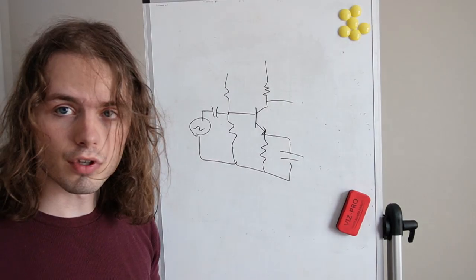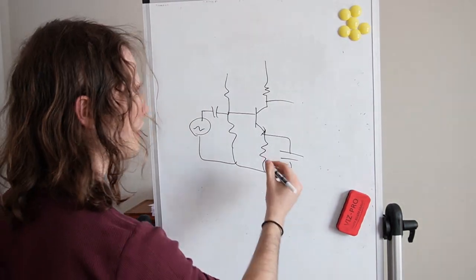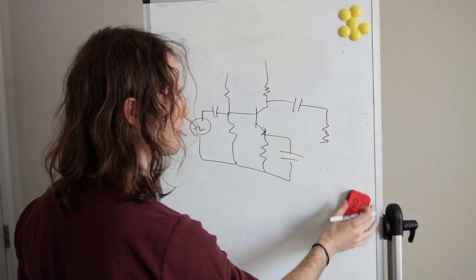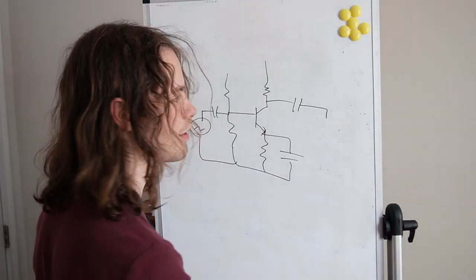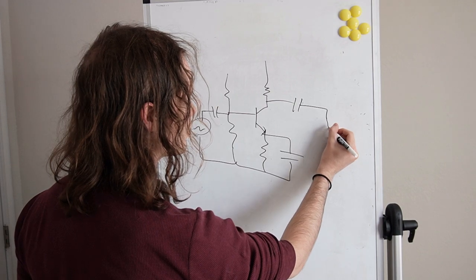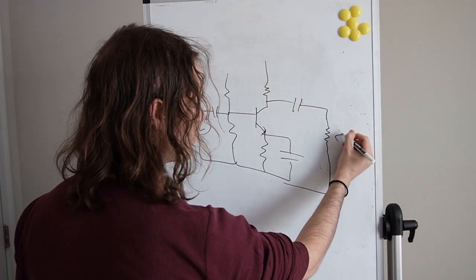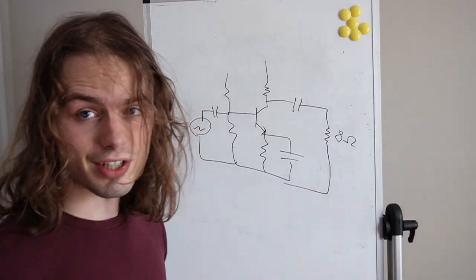Except this time, instead of going to an ADC, we're actually going to feed this into a speaker. So I actually don't know the symbol for a speaker. I'll just symbolize it as just a regular resistor. But that is a speaker. That's going to make sound.